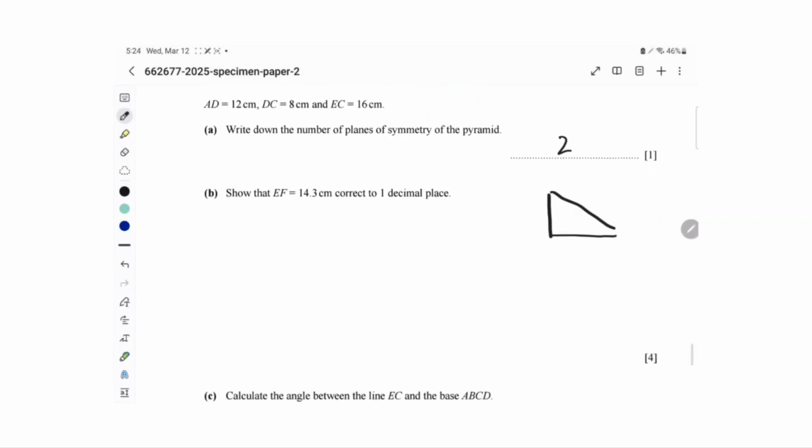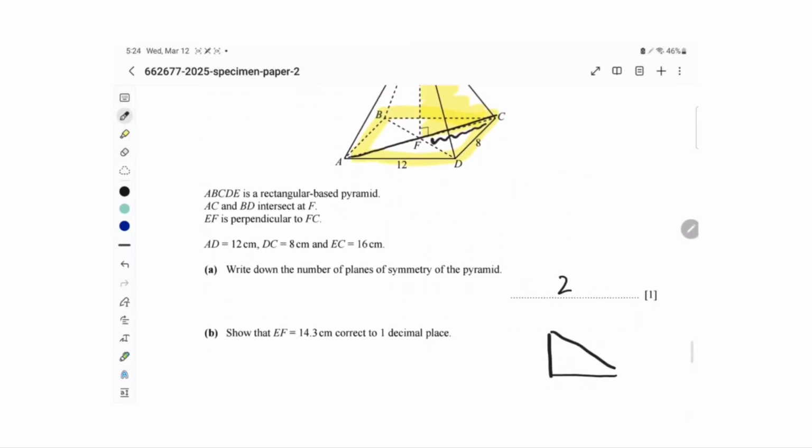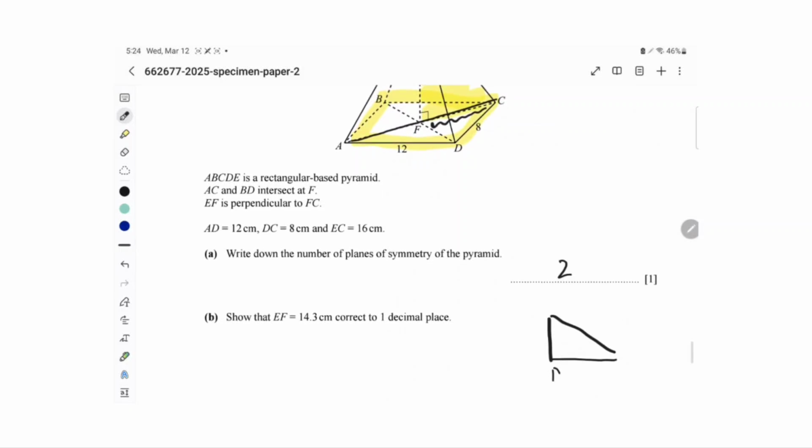D, A and C. You will have AD is 12 and DC is 8, and AC we will find out, that is the diagonal.